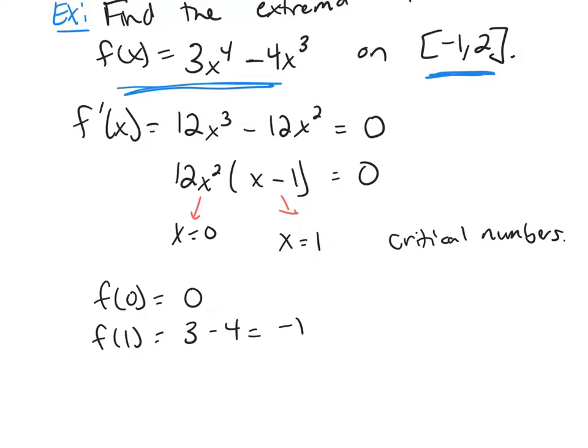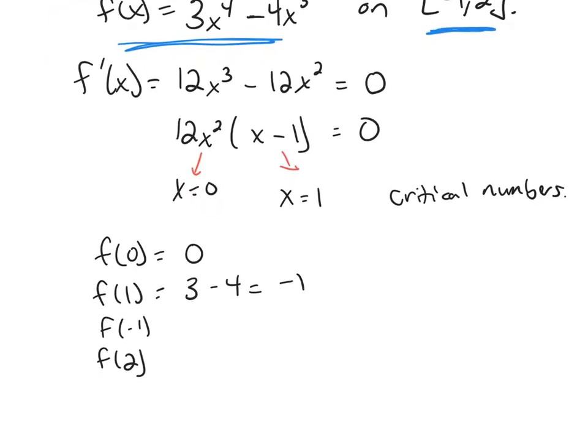So I need to plug in -1 and 2 into my function. So if you go back and plug in -1, you'll get 3 plus 4, you'll get 7. If you plug in 2, you'll get 3 times 16 minus 4 times 8, you'll get 16.